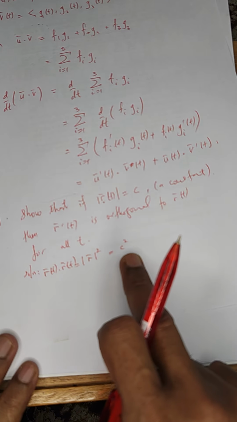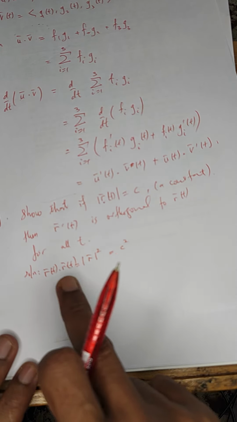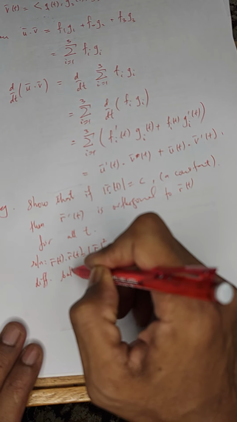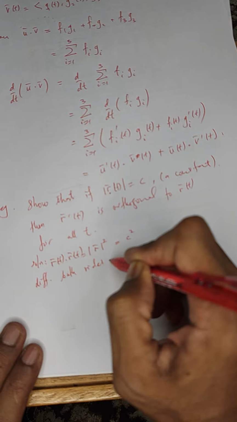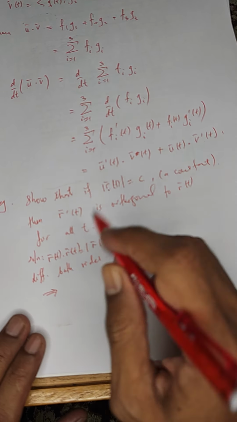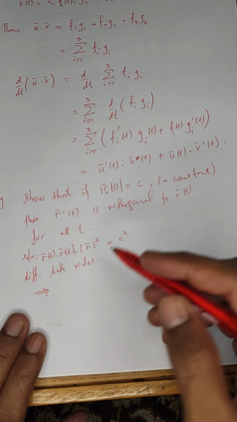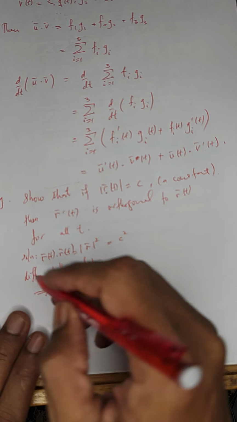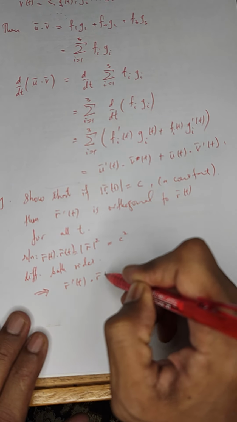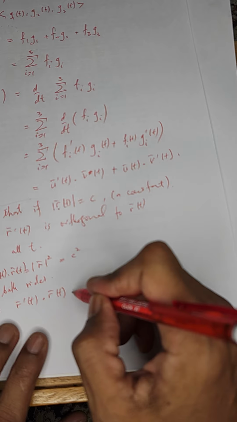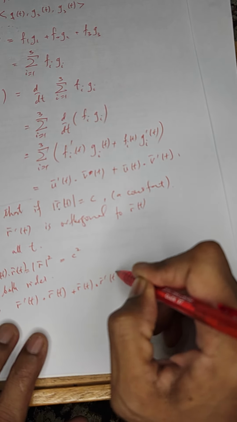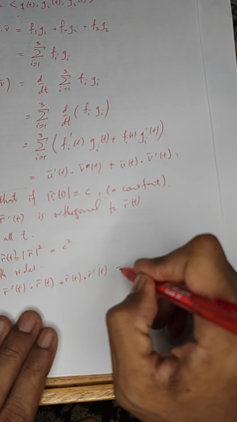Okay, so if you differentiate both sides, on the left side, using the rule that I gave earlier, this is r'(t) dot r(t) plus r(t) dot r'(t). And we differentiate on the right side.